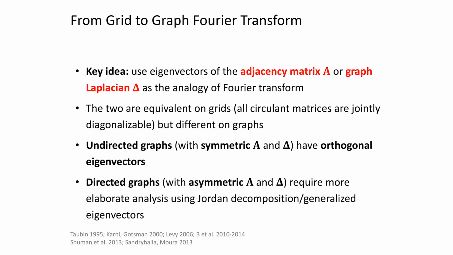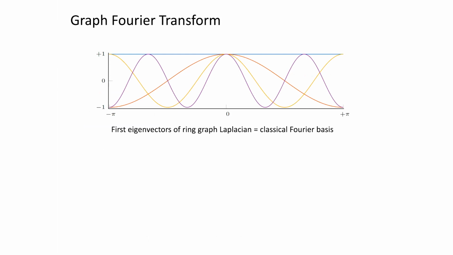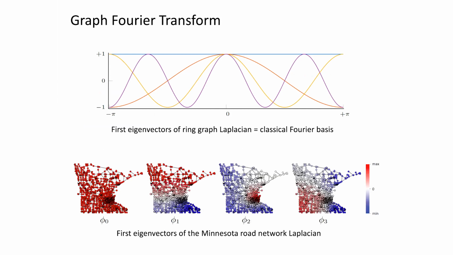If the graphs are directed, the construction is slightly more elaborate, and allow me to skip it for the sake of simplicity. On grids, the eigenvectors of the Laplacian or the adjacency matrix look like the familiar sinusoids, which is the classical Fourier basis. On general graphs, they will look different, but if we order them by the corresponding eigenvalues, we can interpret the eigenvalues as frequencies. So the first eigenvector will be constant. It will be what the signal processing people call the DC component. And as we go to higher frequencies, we see more oscillations in the eigenvectors.